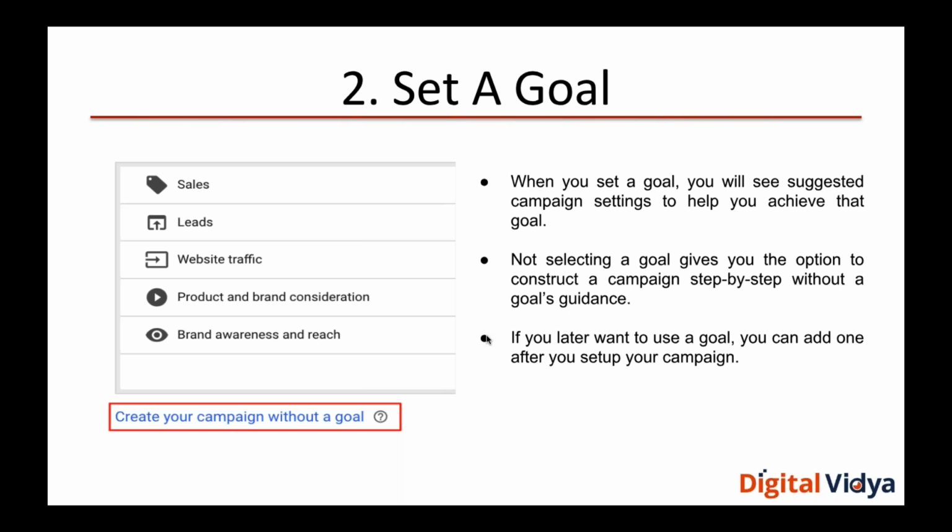This is an important point. Because this is a demo and I want you to see all the options, I'm going ahead and showing you with creating a campaign without a goal. If you select any of the goals, only settings which are appropriate for that goal will be available for you in the campaign setting options. Okay, is it clear?